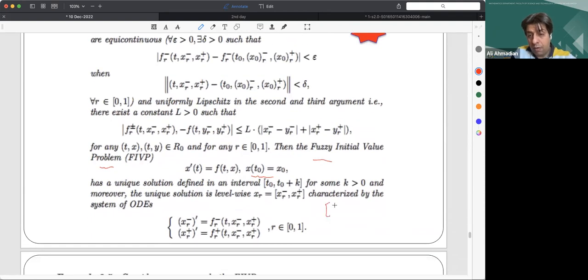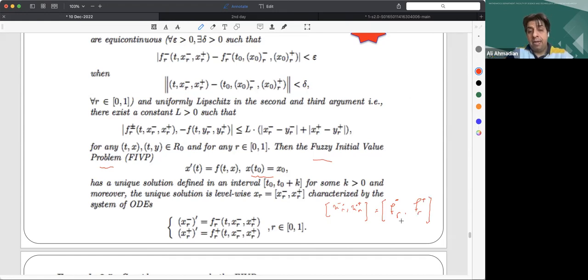The first characterization theorem tells me that you should consider the left side as the two alpha cuts or r cuts of the left side, x minus r prime, x plus r prime, and then we have f lower, so we write it with r, and f plus.